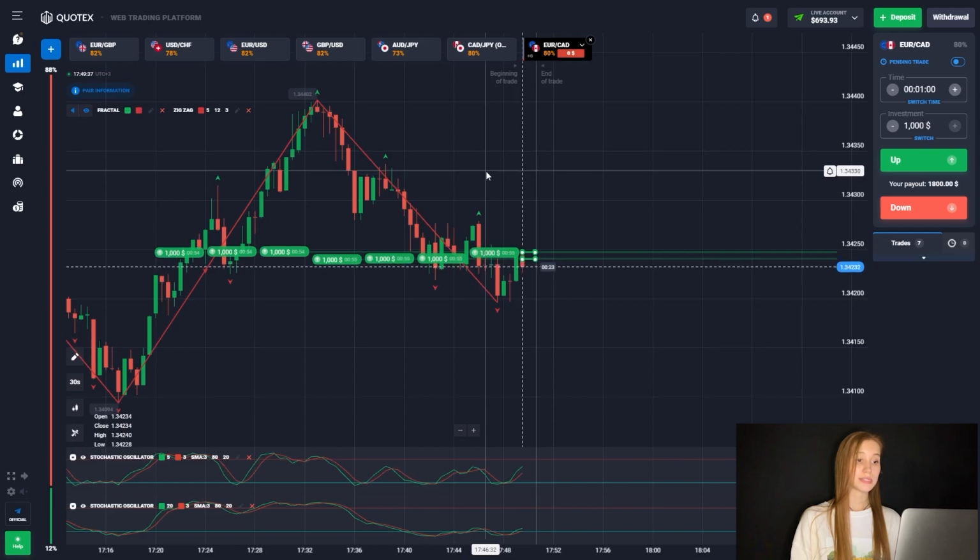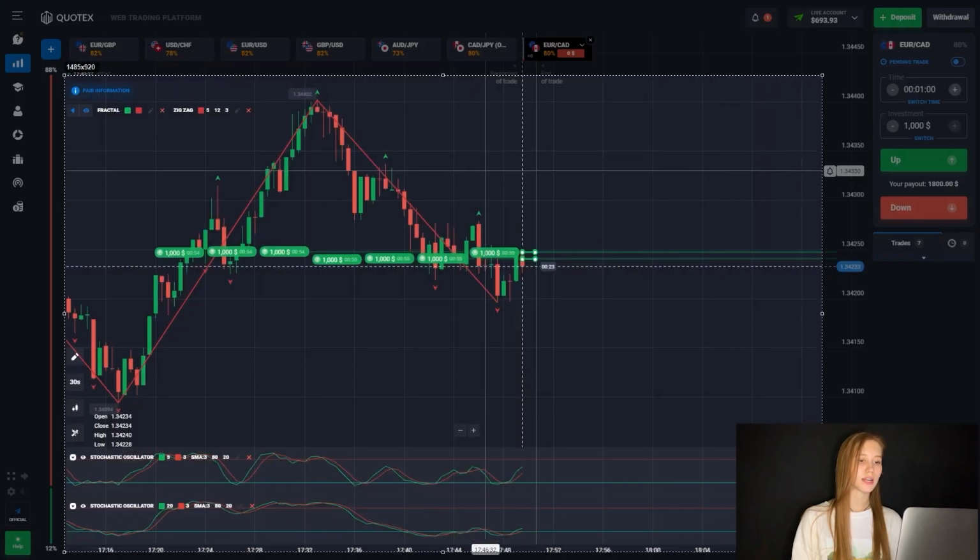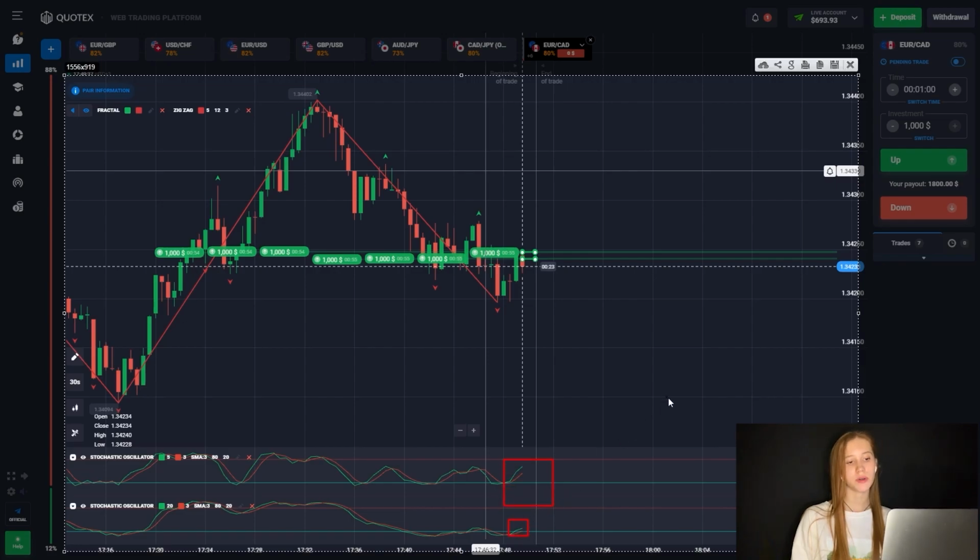I'll explain. We see both signals from the stochastics for an increase. Now we mark for ourselves a support zone with a low point. And based on this, we see that we have a downward trend with further rollbacks. I think that the movement should go up at this level. And let's see.